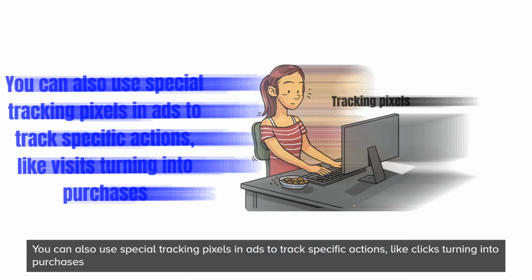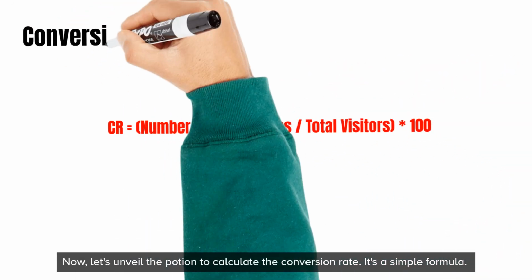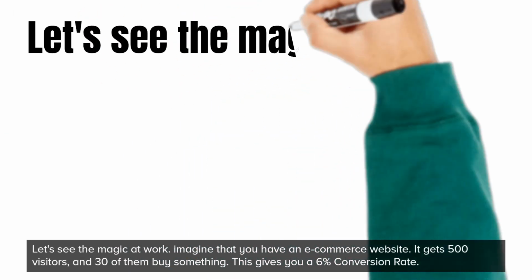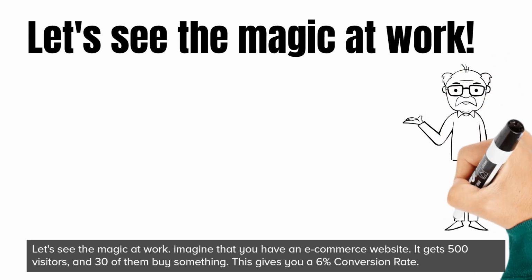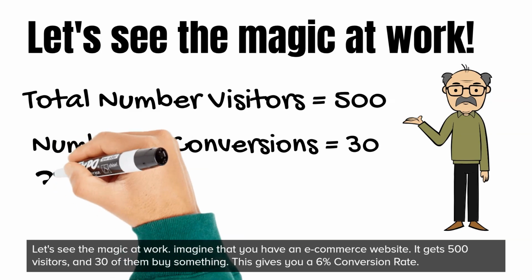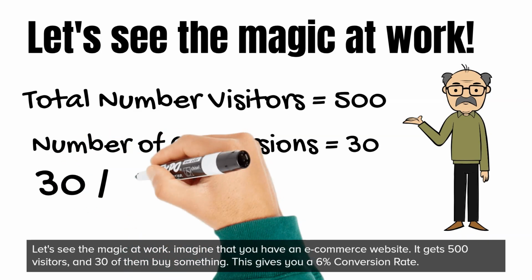Let's unveil a potion to calculate the conversion rate. It's a simple formula. Let's see how the magic works. Imagine that you have an e-commerce website that gets 500 visitors and 30 of those visitors buy something.